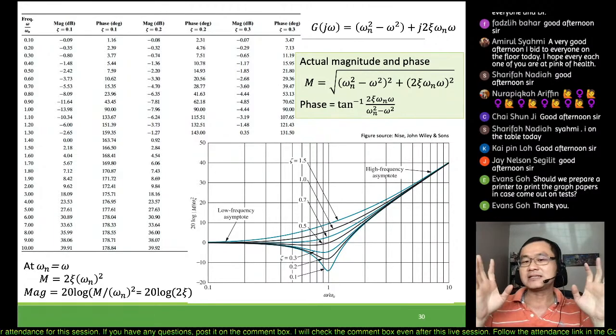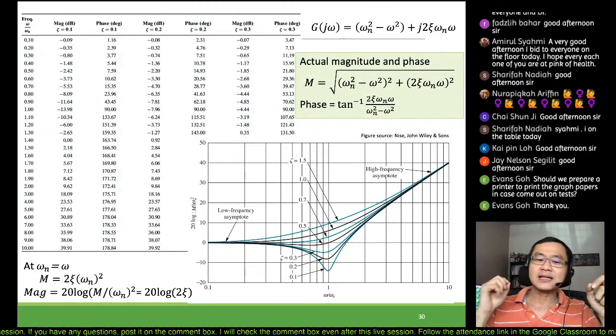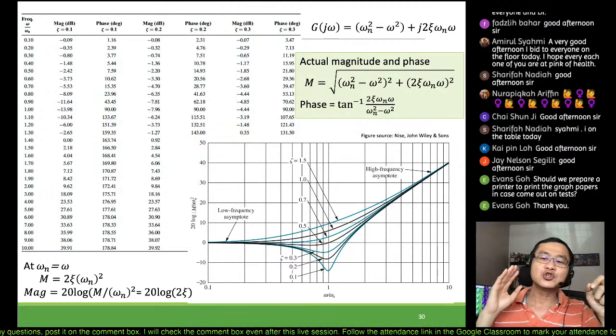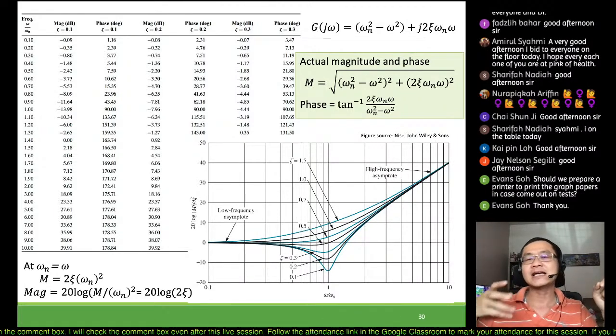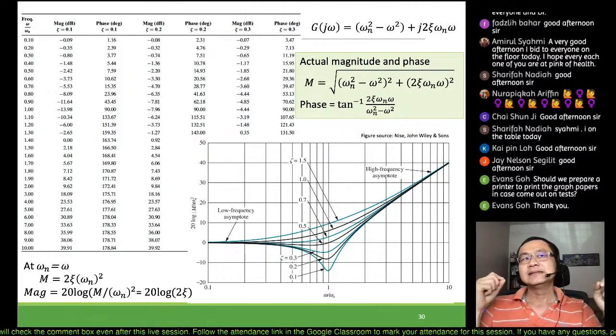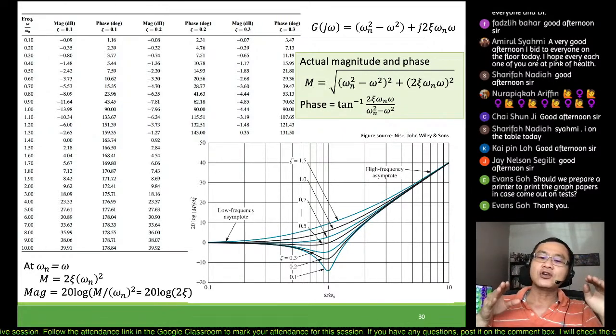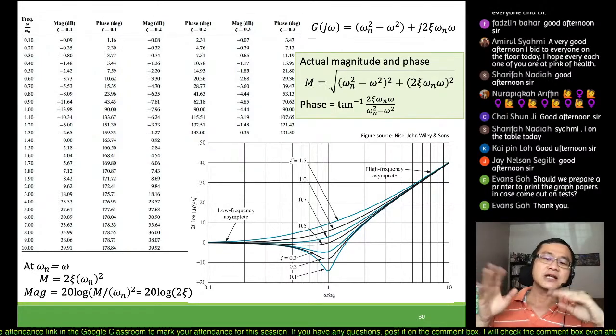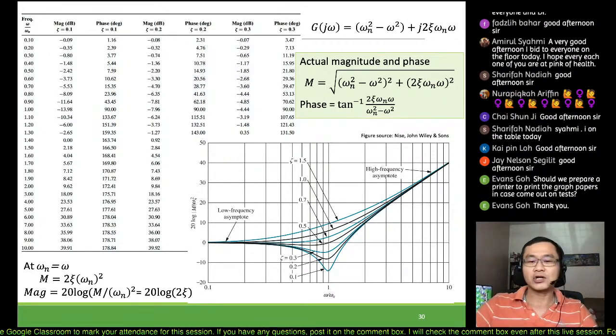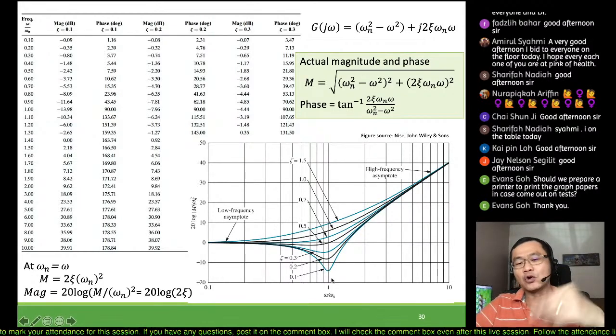So this is just an understanding for you that when you come across second order terms, the curve itself will depend on the damping ratio, whether it goes up or down.